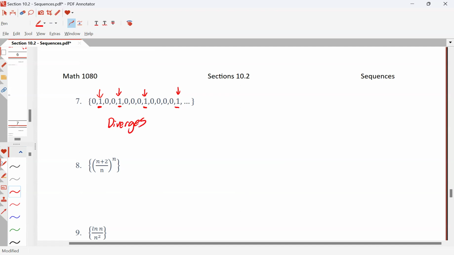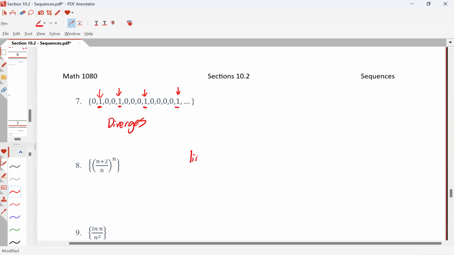So if suddenly you're bouncing away from the limit, then the sequence will diverge. Example number 8 is here to remind us of a limit rule we know, but might have forgotten.